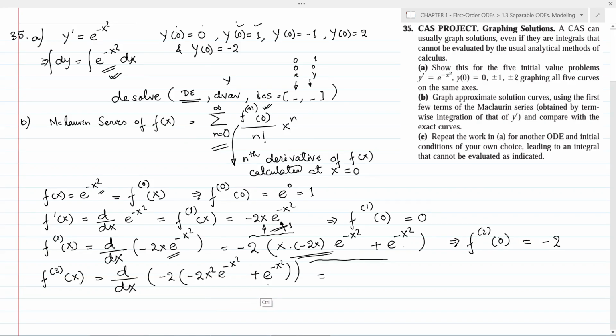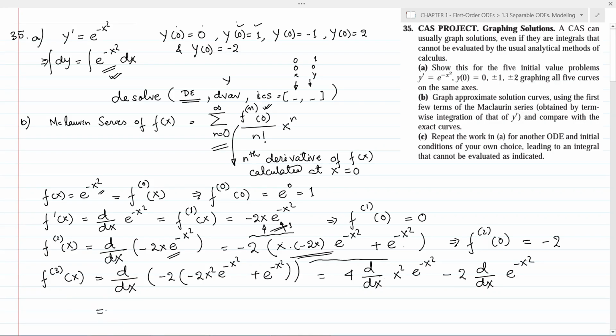We can separate these two terms and we can write 4, minus 2 multiplied by minus 2, which is 4, d by dx of x square e to the power minus x square plus minus 2 d by dx of e to the power minus x square.